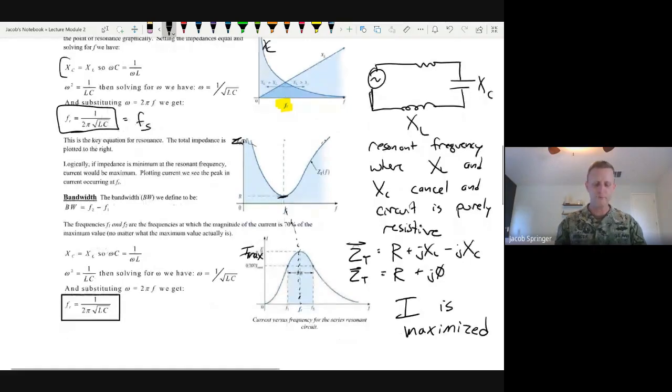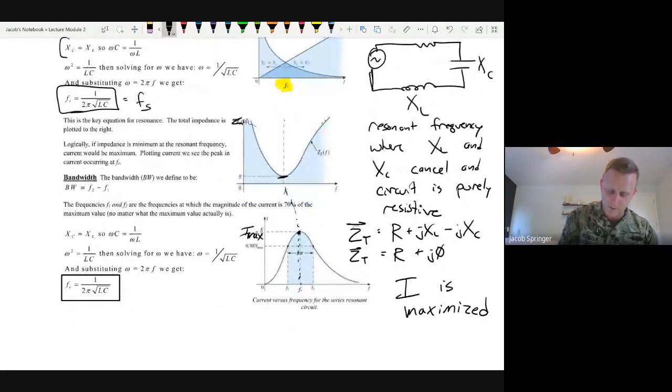Now, the resonant frequency is right here at this peak, FR, also called FS, for the special frequency of the series resonant, right? But there is still some range where it's still very effective, right here. And that is from F1 to F2, and those are called the cutoff frequencies.